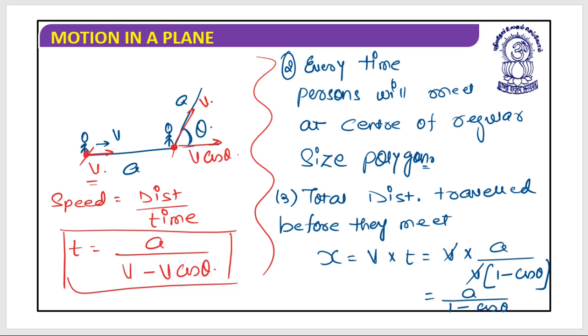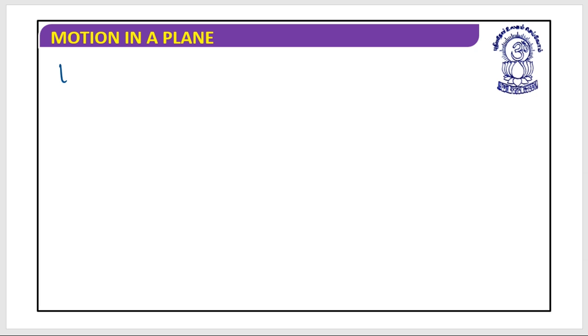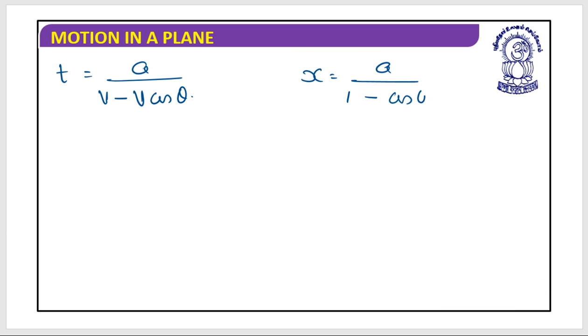Is it clear? So my t should be equal to a upon v minus v cos theta, and the distance traveled before they meet is a upon 1 minus cos theta. Now let's make this a generalized term.